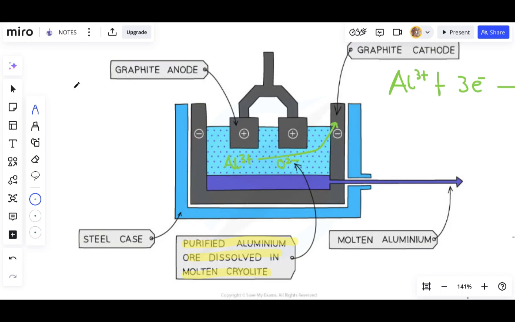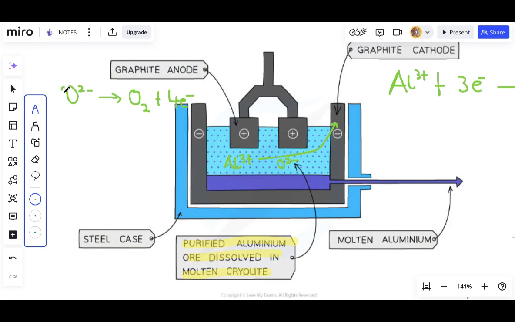This oxygen ion, O2 minus, loses electrons to become O2, the oxygen gas, plus 4 electrons.